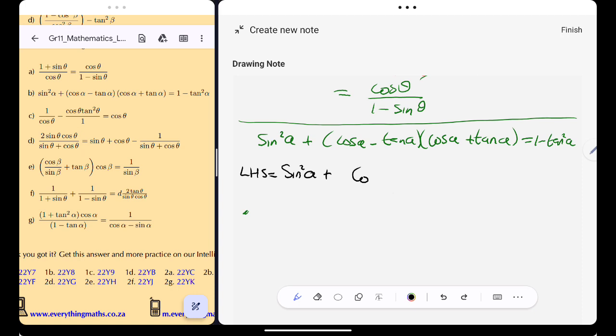So I can simply say I have cos squared a minus tan squared a. Guys, why is it this simple? Okay, I've removed the brackets. And then I know that sine squared plus cos squared is 1. Then the left hand side is equal to the right hand side. This is so simple. Why can't you?